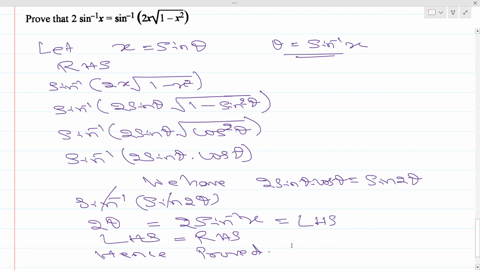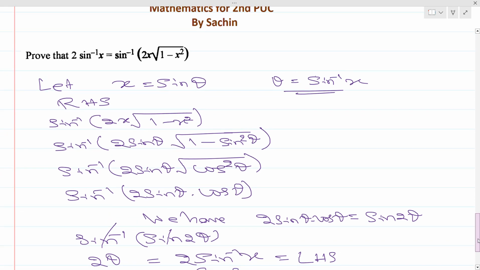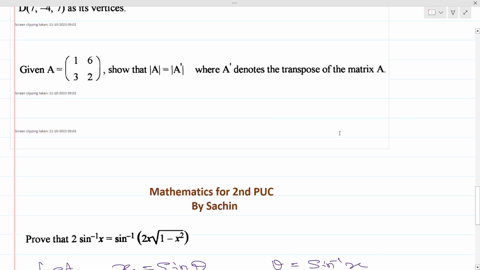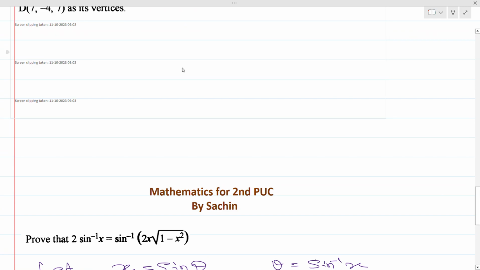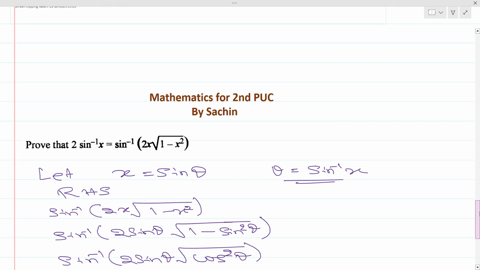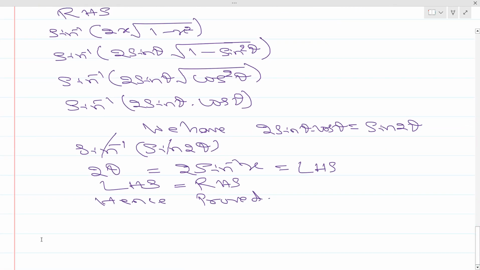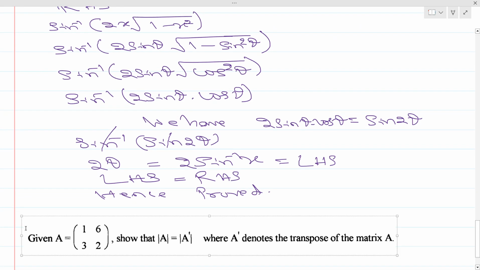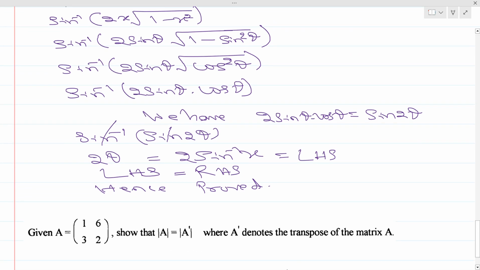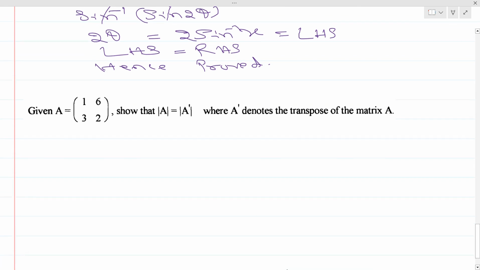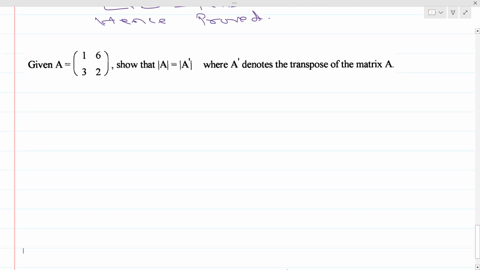Let me take my second question. From the chapter determinants, I just have to show that determinant of A and determinant of A dash are equal, where A dash is the transpose.